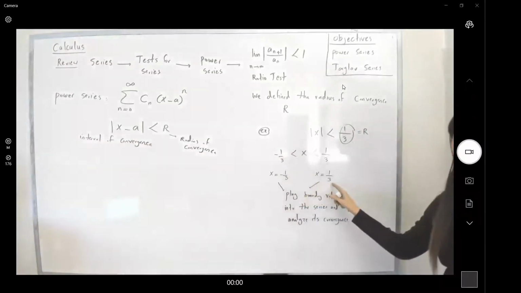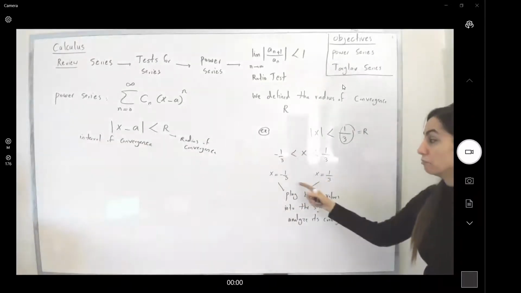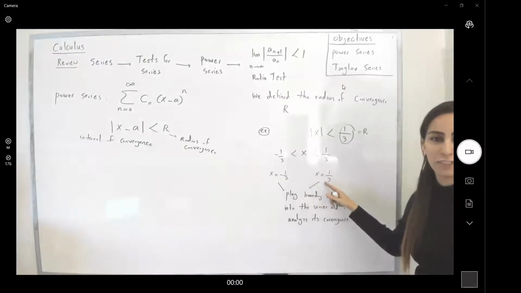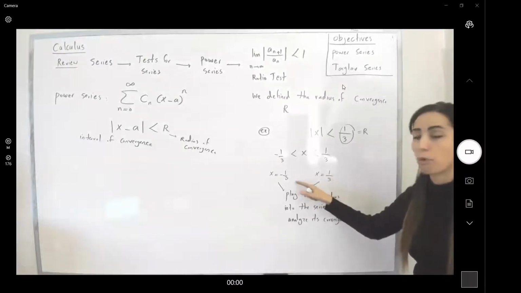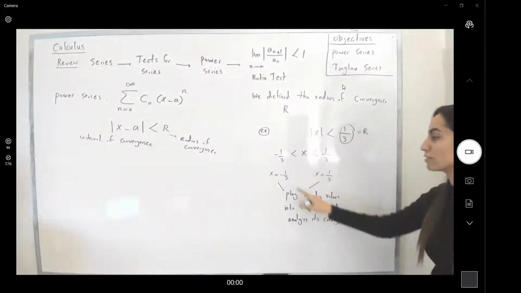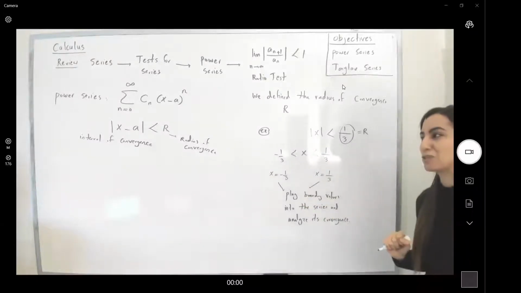By analyzing the boundary points, we either do not include any of these, we might include both of these, or just one of these boundary values.